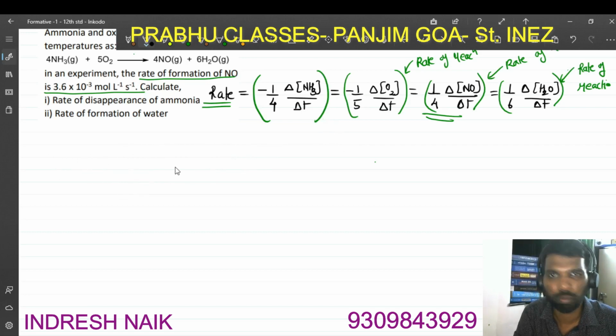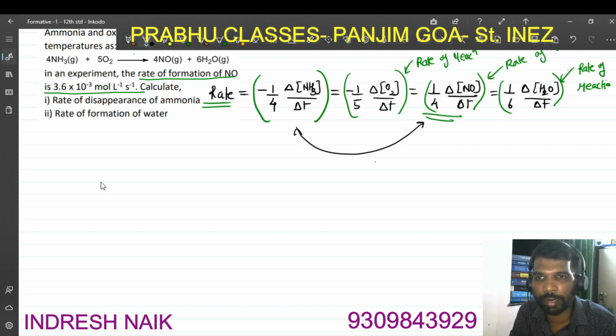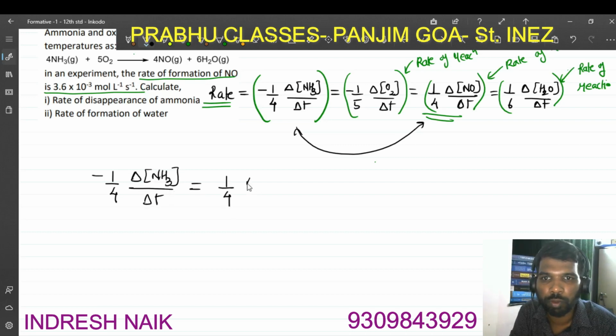The rate of appearance, rate of disappearance, this is clear. So I will equate these two quantities over here. I'll write minus 1 by 4 delta NH3 by delta T is equal to 1 by 4 delta NO by delta T, right?